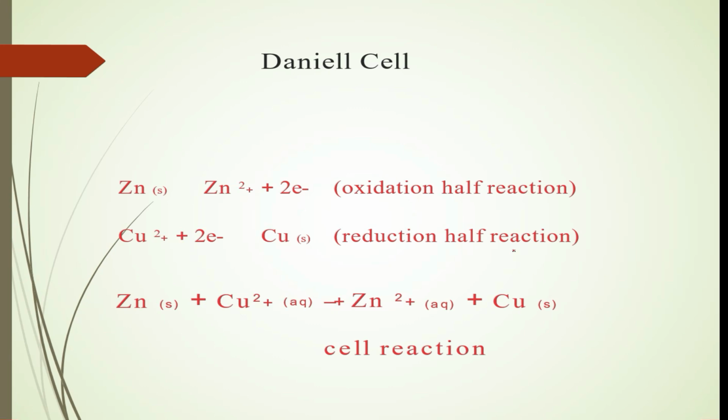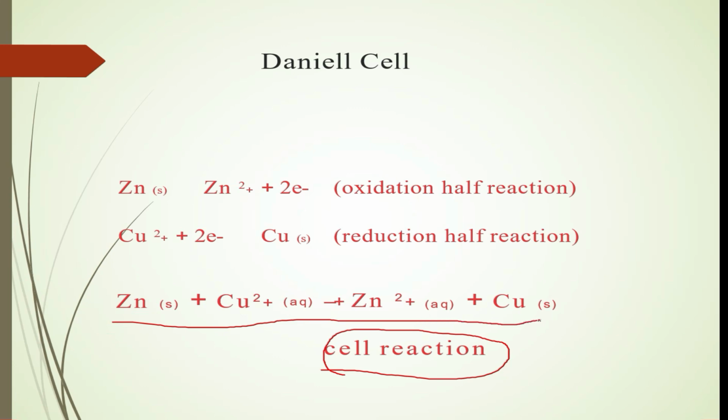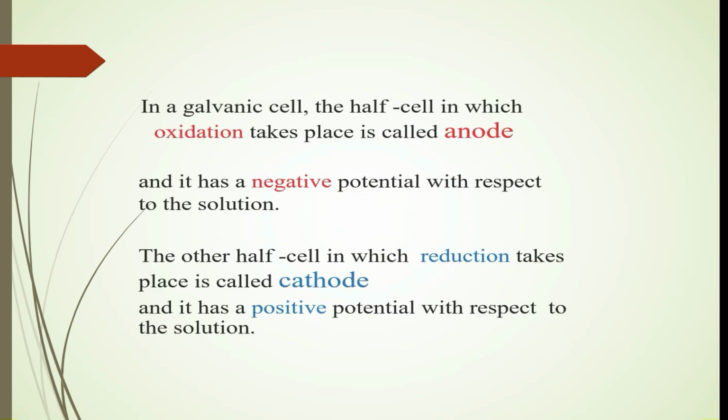This is the reduction half reaction. We get the complete cell reaction. Zinc gets converted into Zn2+, Cu2+ converted into Cu, and this is the complete cell reaction. In a galvanic cell, oxidation takes place at the anode.